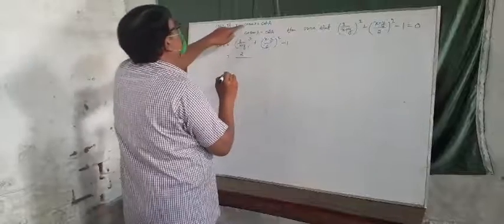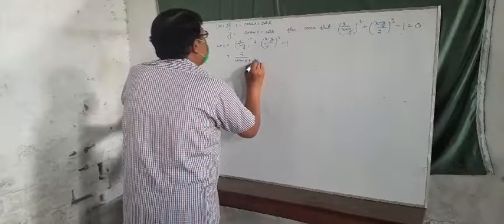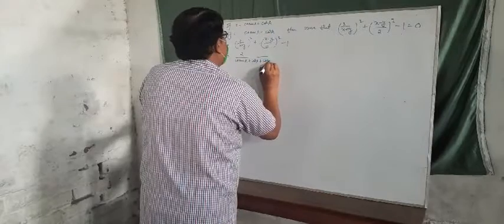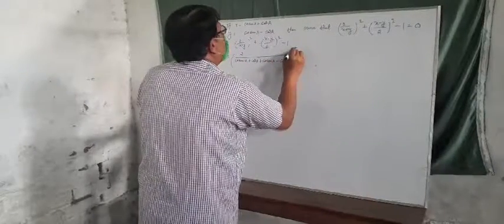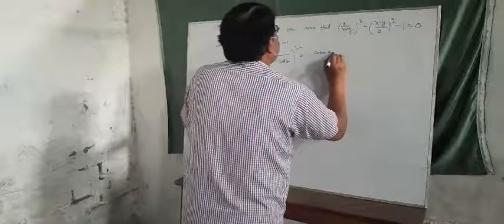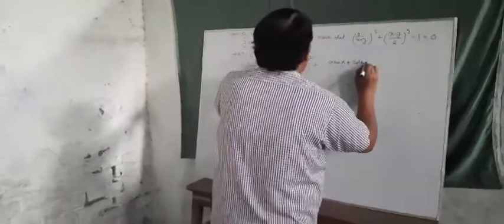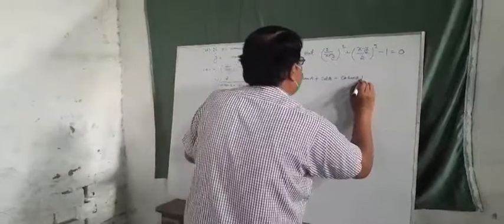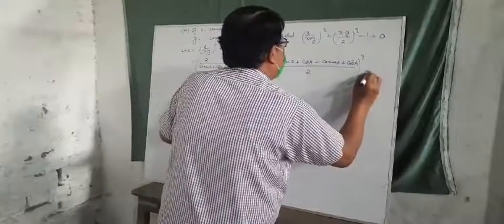The value of x is cosec A plus cos A, and the value of y is cosec A minus cos A. So 2 upon cosec A plus cos A plus cosec A minus cos A whole square, plus cosec A plus cos A minus cosec A minus cos A upon 2 whole square, minus 1.